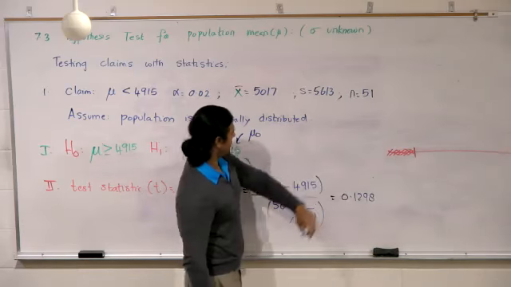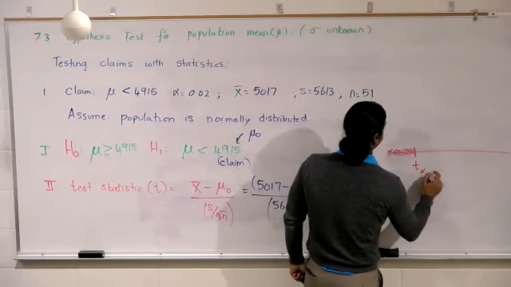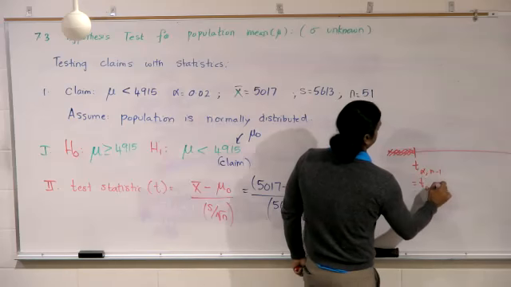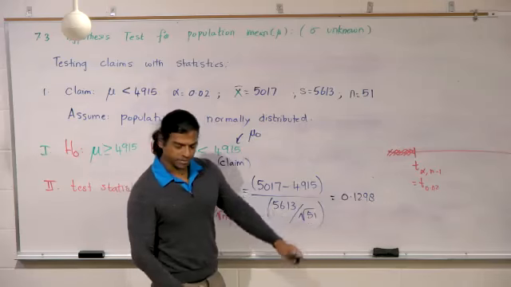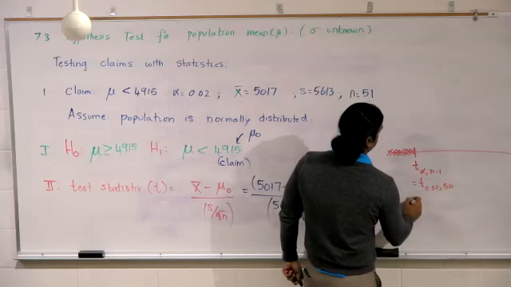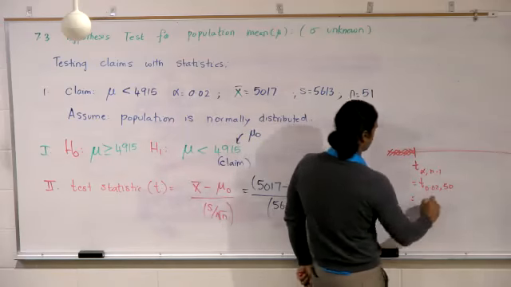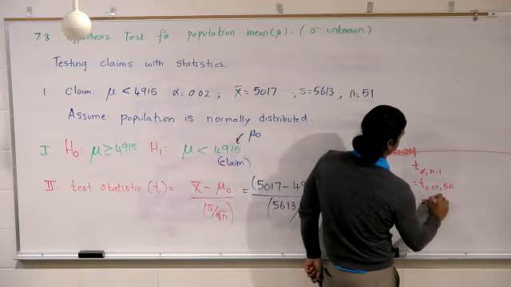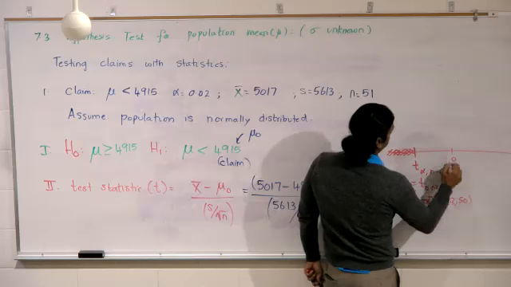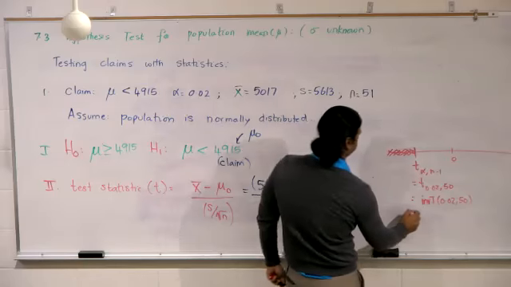So the critical value is t sub alpha comma n minus 1, so t sub 0.02 comma 50, inverse t 0.02 comma 50. And what do we get? Negative 2.109.